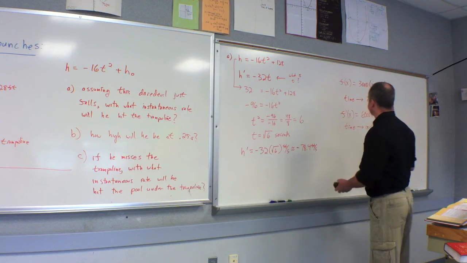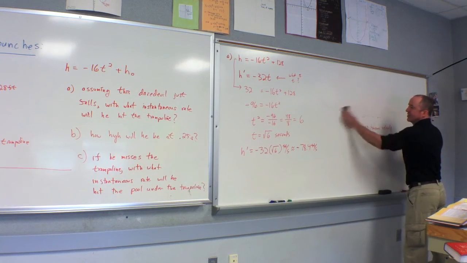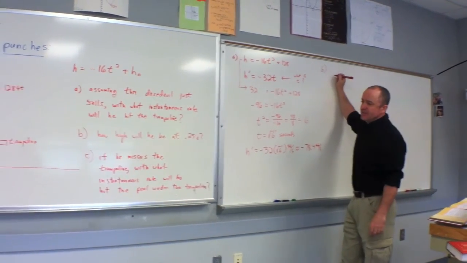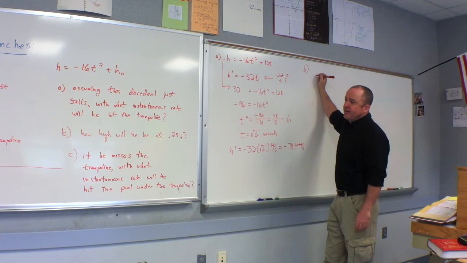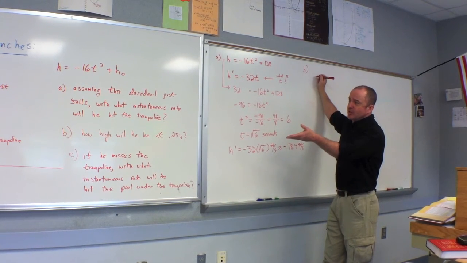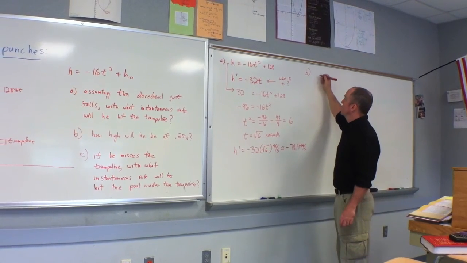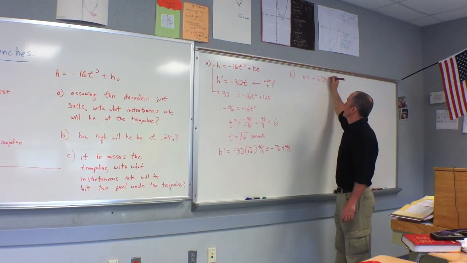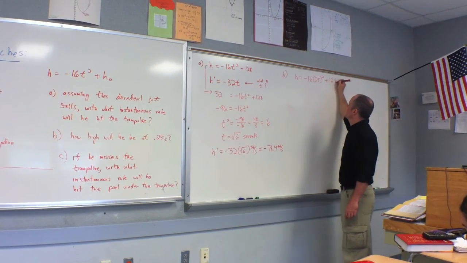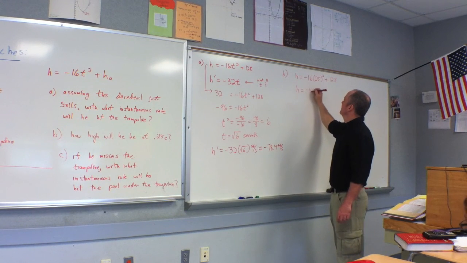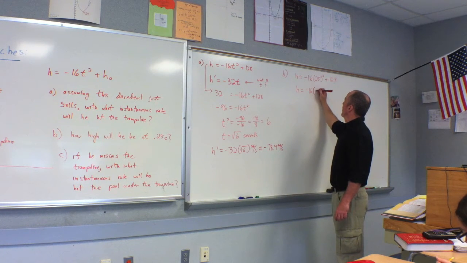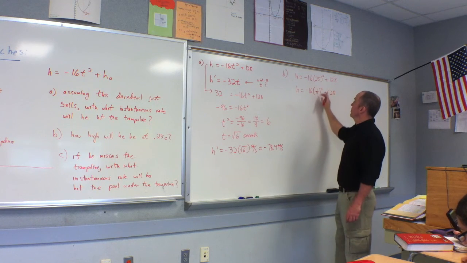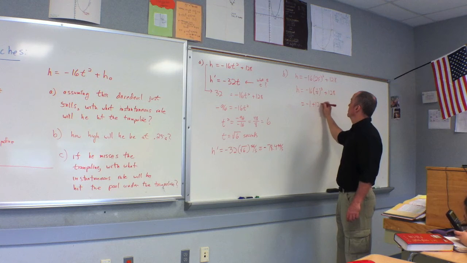And then the next question. For B, and sometimes the AP test will do this, and sometimes the homework, or sometimes I'll do this. This is like an Algebra 2 question now, because how high will it be at 0.25 seconds? You just plug 0.25 seconds in for the time. So that's negative 16 times 1/4 squared. 1/4 squared, of course, is 1 over 16, so that's just negative 1 plus 128.